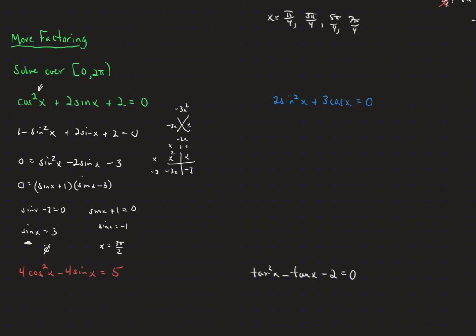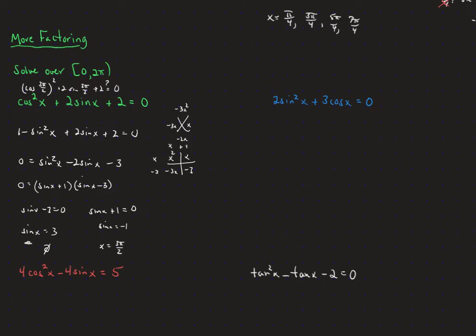Now we better check and see if this really does work. Back in the original, is the cosine of 3 pi over 2 squared plus 2 times the sine of 3 pi over 2 plus 2 equal to 0?